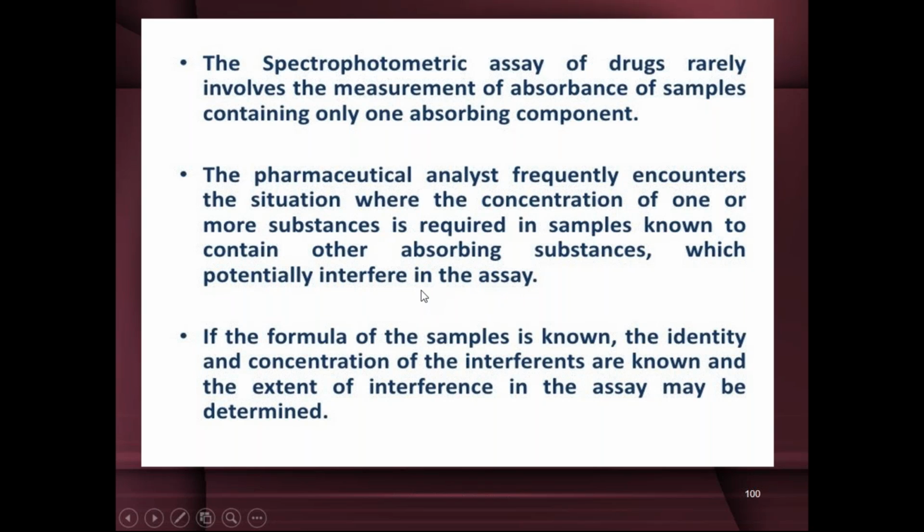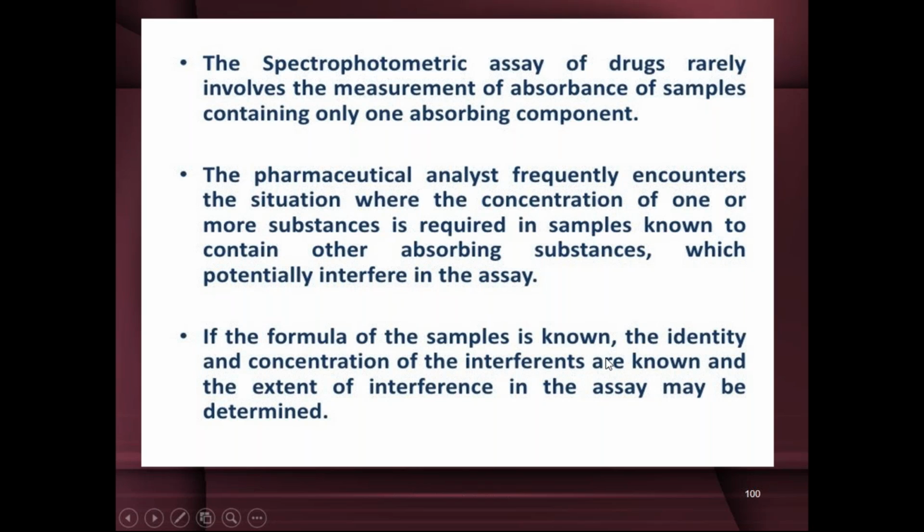That means there are more than one substance, okay? And you need to measure all, or you need to measure only one, but the others will also interfere in your assay. So such samples are more commonly encountered.